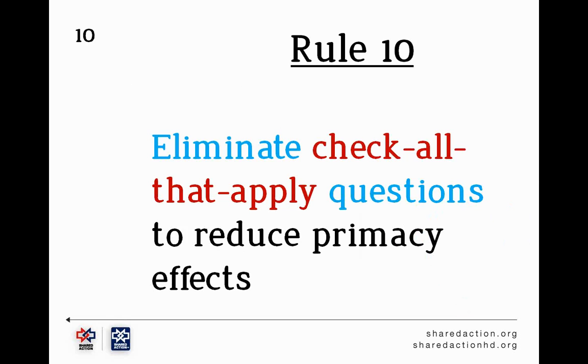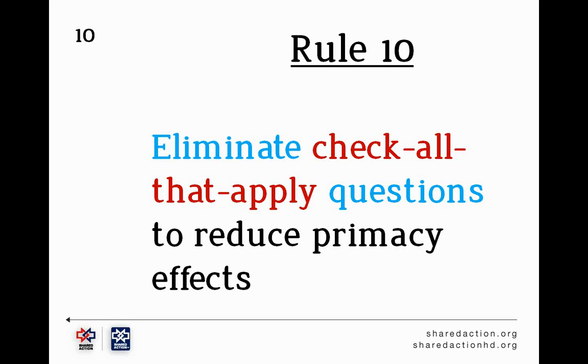Rule 10, and this is one of the most contested ones. Whenever I help an agency out with their surveys or their evaluations, and this comes up, this is one that always sees a little bit of debate. Eliminate check all that apply questions to reduce primacy effects. Now I'm going to break this down a little bit. Check all that apply questions are questions in which they can respond to more than one category.